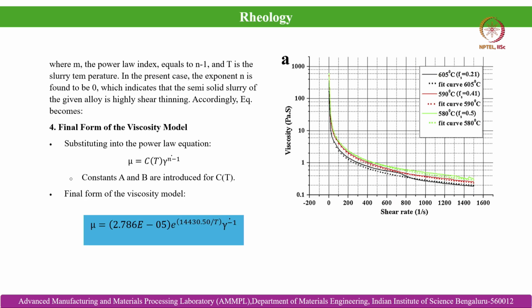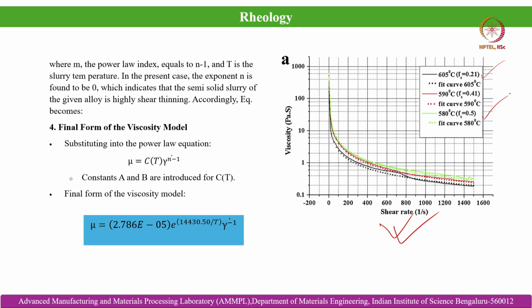This is a typical viscosity versus shear rate curve for different temperatures and corresponding solid fractions. It is shown for 3 different temperatures: 605 degree centigrade, 590 degree centigrade and 580 degree centigrade.